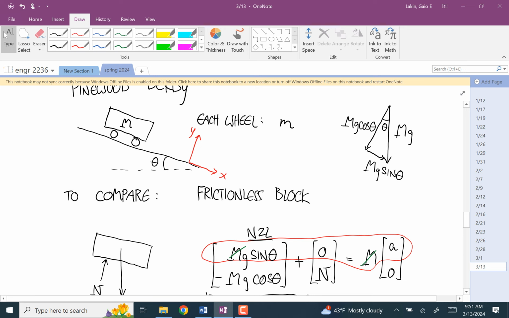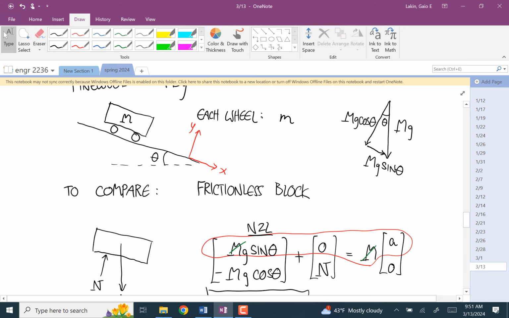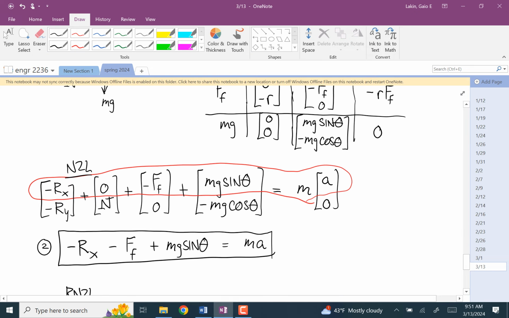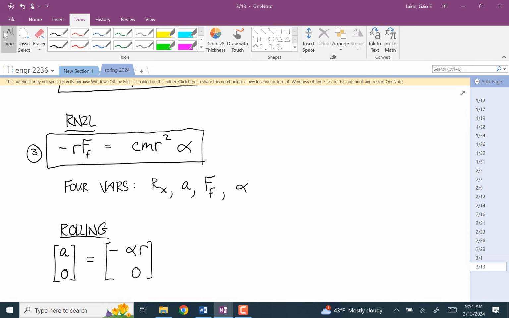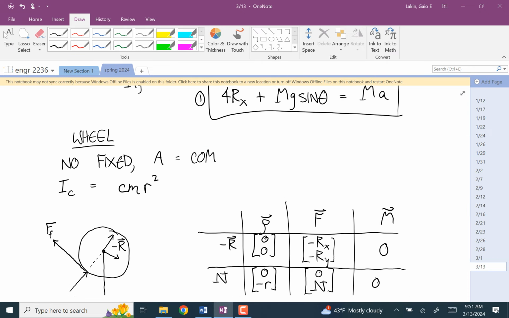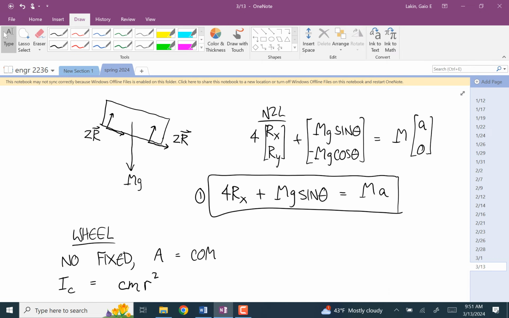Okay, so really all we're doing now is solving that system of equations, but I'll do that next time. Hopefully you can see the part that's useful for getting used to doing rolling problems and rigid body problems, we've already seen.